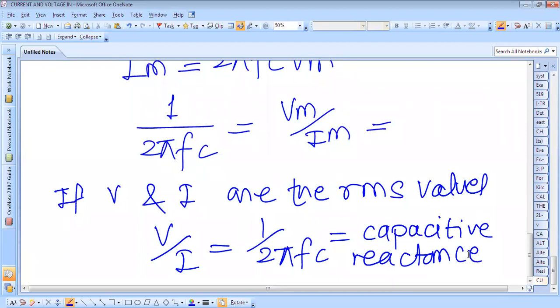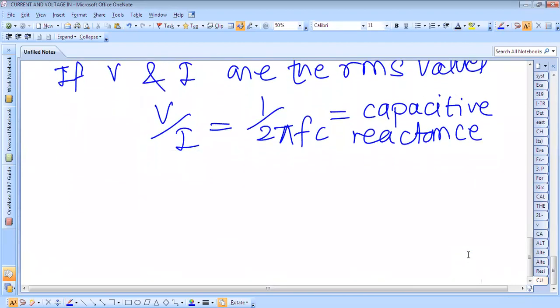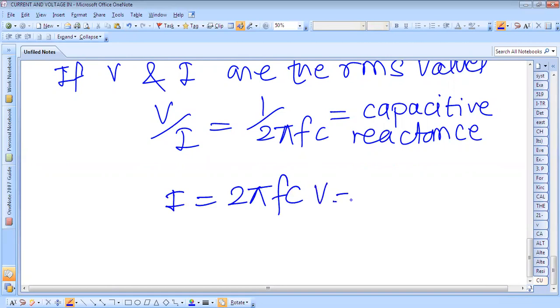The capacitive reactance is expressed in ohms. Therefore I is equal to 2 pi f C V, which is V over Xc.